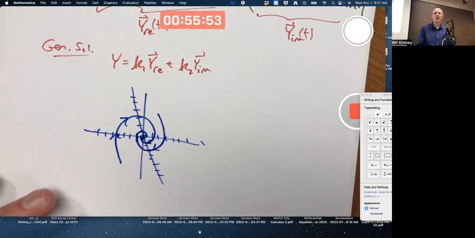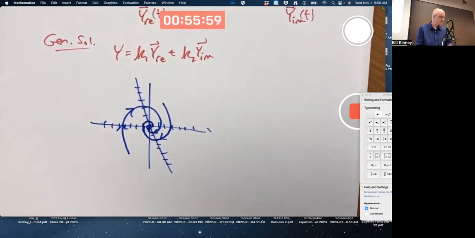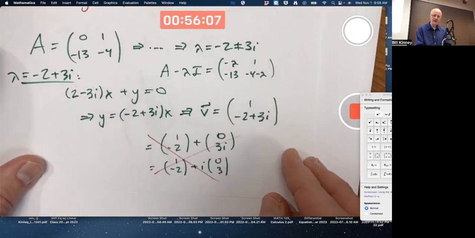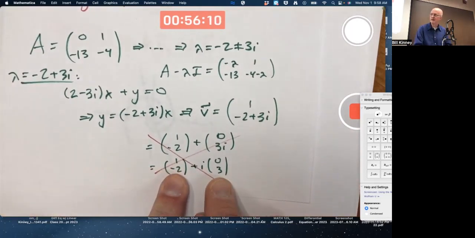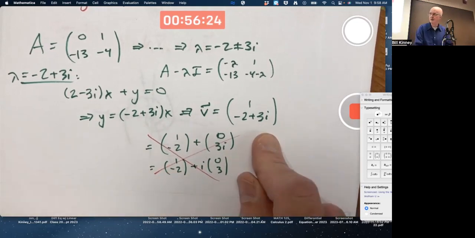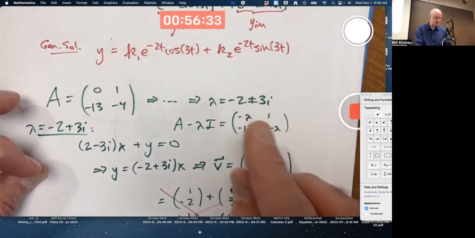What would happen if I did my coordinate change here? It's trickier. I could diagonalize A if I use this complex vector as the first column of a 2x2 matrix, and another complex vector that I get using the other eigenvalue, -2 minus 3i.